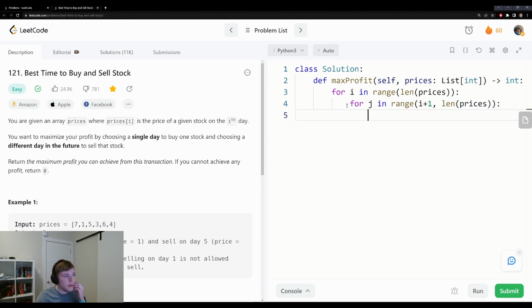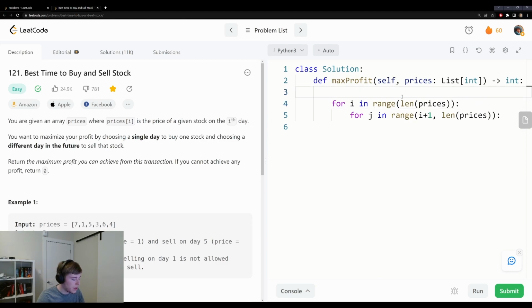So you could check each pair of days. i would be the day that you buy, j would be the day you sell, and essentially you would take the maximum of prices[j] minus prices[i].